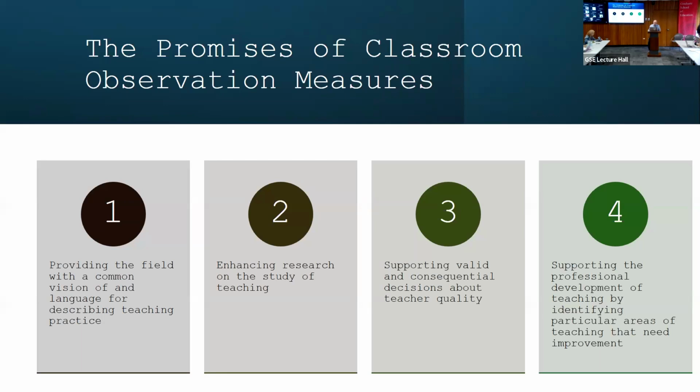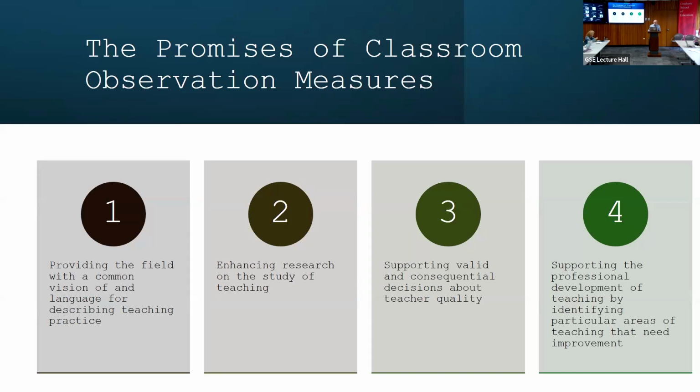first talk about how classroom observation measures have really emerged over the last quarter century. And there was hope that they could really change how we worked with teachers, how we understood teachers, and specifically one of the goals was to provide the field with a common language, a common vision for describing teaching practice.